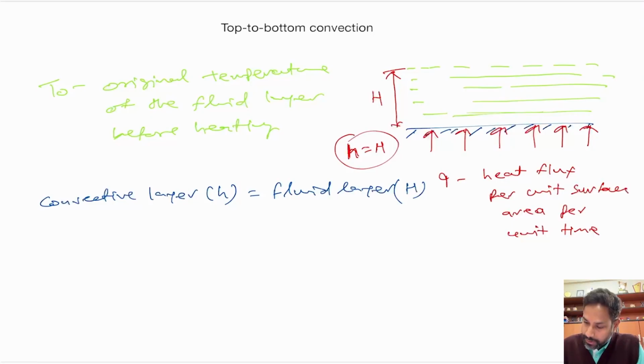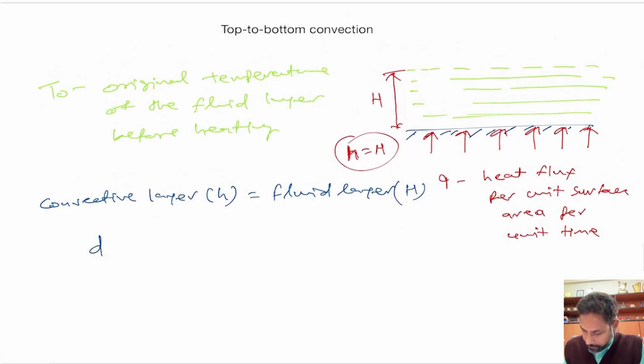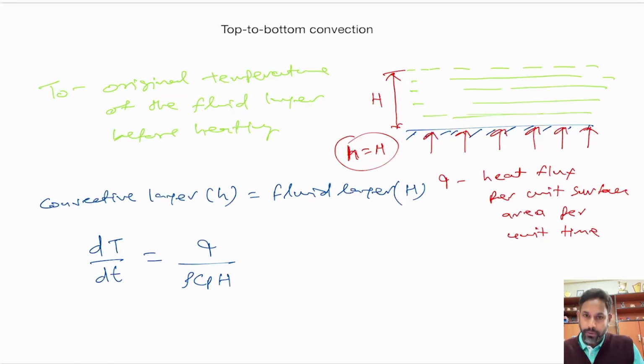Okay, so in this case, if we want to find the rise in the temperature, we can simply define it as dT over dt, that is the rate of change of capital T, the temperature, with respect to time. This will be Q over rho Cp times H. Okay, so that is the rise in temperature of the fluid per unit time, right?